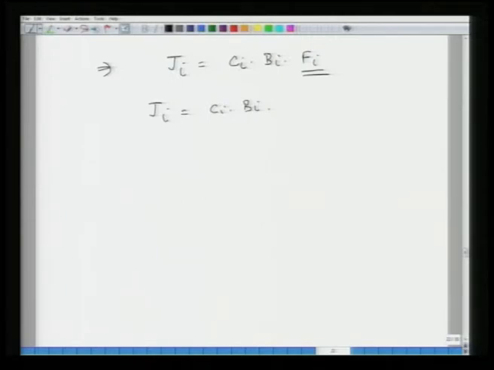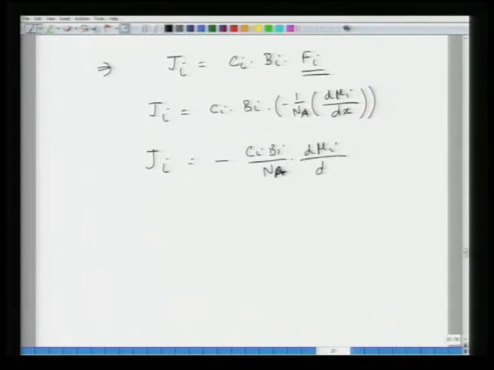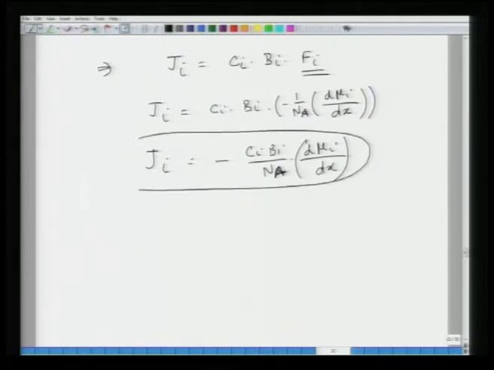Fi is minus 1 by Na multiplied by d mu i by dx. This is your Ji expression, and you can write it as minus Ci Bi divided by Na into d mu i by dx. So, let us remember this expression. We will come back to this in a while.